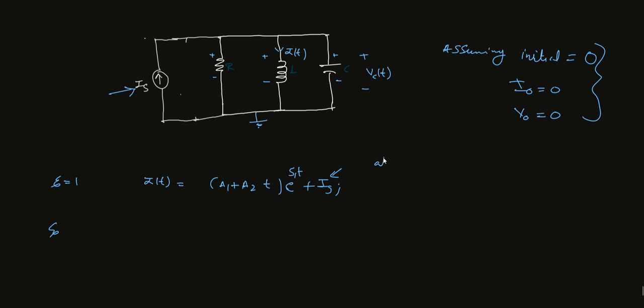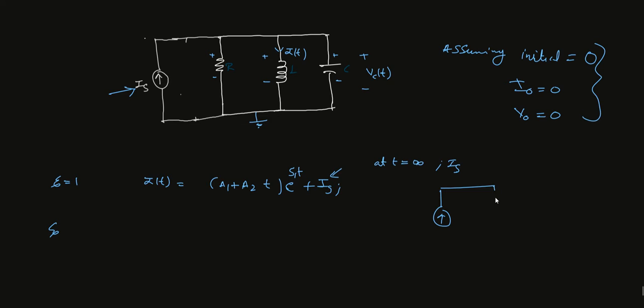At t equal to infinity, the current through the inductor will be Is only. The circuit looks like this at t equal to infinity.